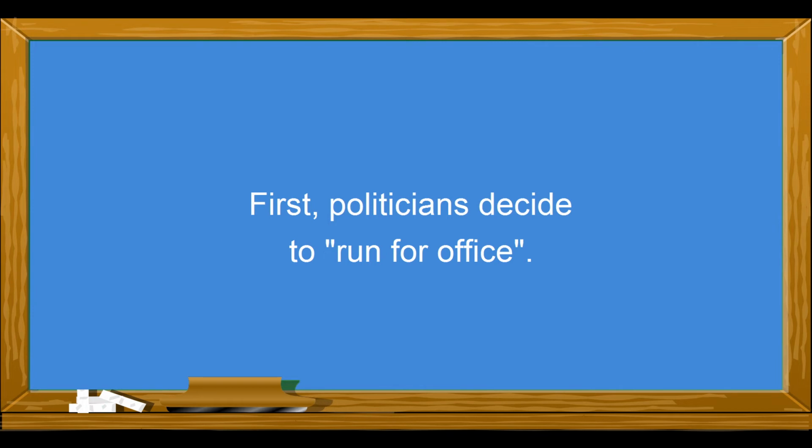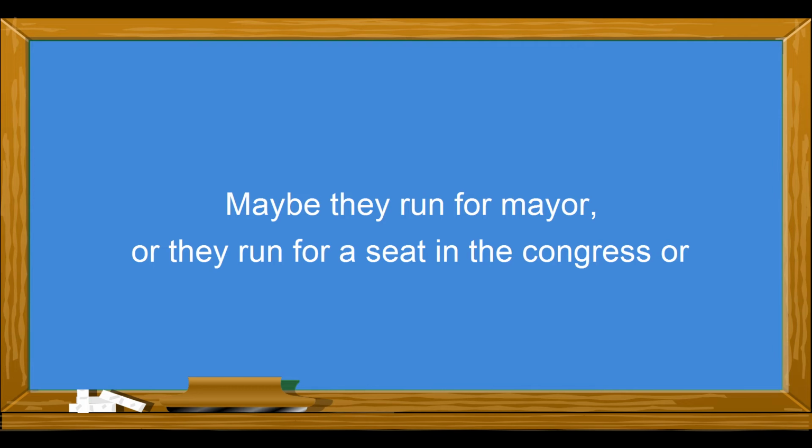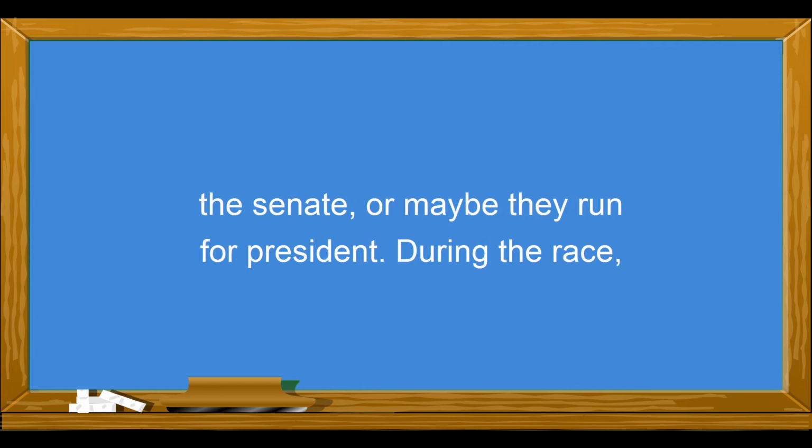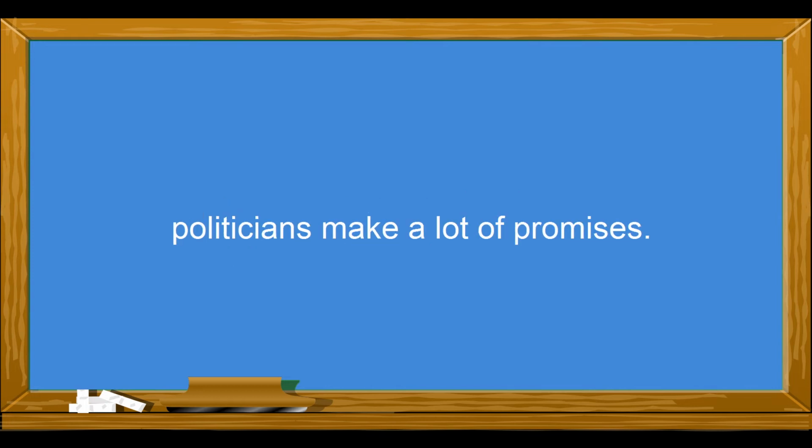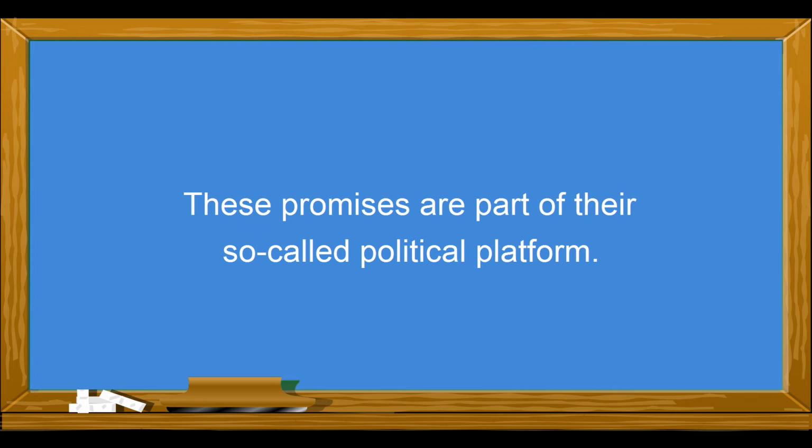First, politicians decide to run for office. Maybe they run for mayor, or they run for a seat in the Congress or the Senate, or maybe they run for president. During the race, politicians make a lot of promises. These promises are part of their so-called political platform.